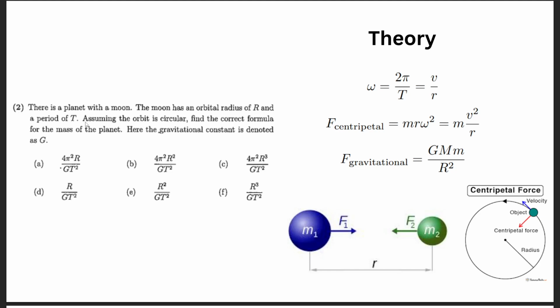And since we are talking about planets, there is also a gravitational force that is attracting both of the planets to each other, and the gravitational force is the constant G times the product of both the masses, so we can write the mass of the first one as big M and the mass of the other one as small m, over the distance squared.